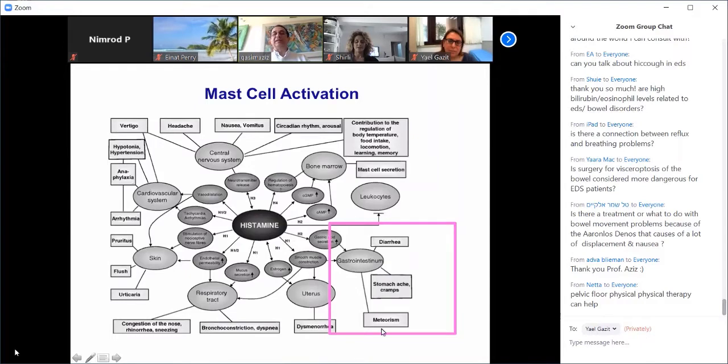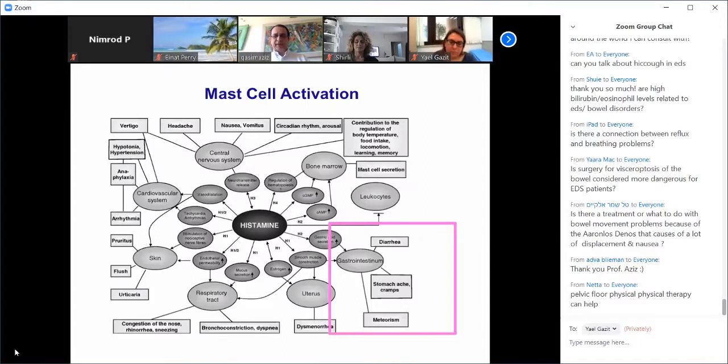Patients complain of diarrhea after eating. They have meteorism, a lot of wind that they feel is there, and they have to rush to the toilet. There's often urgency. They can feel flushed. They can have palpitations, etc. So if we find these symptoms occurring after food, then we often think of mast cell activation disorder.